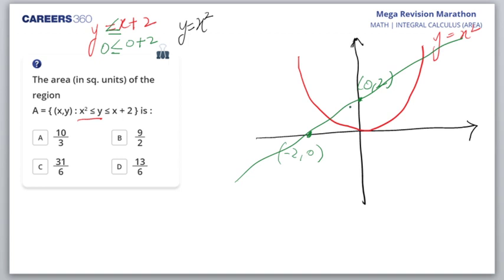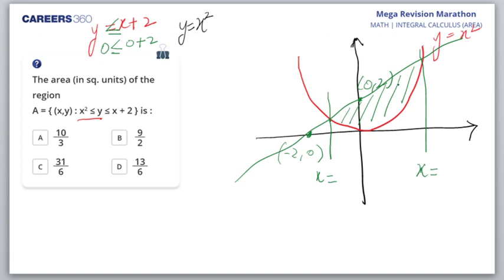So this is the region we care for. This is the area which we need to calculate. Now, to calculate this area, we have to find out this point of intersection, and as this is an ordinate, I'll have to find the abscissa x equal to this point.